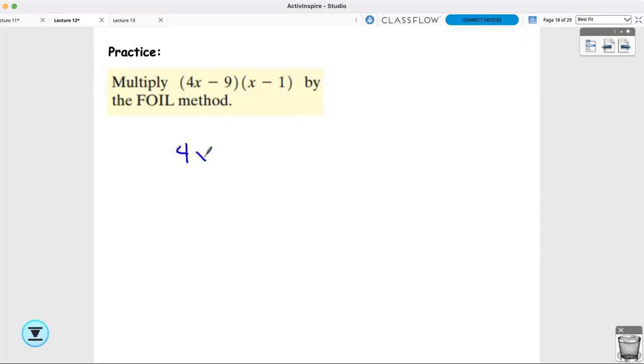I'm seeing 4x squared minus 13x plus 9. Interesting. Very interesting. So if you got 4x squared minus 13x plus 9, you are correct.